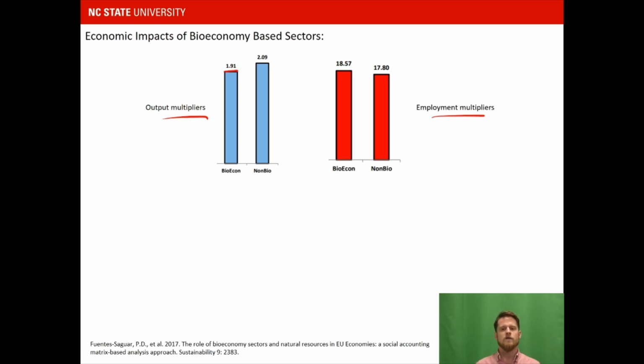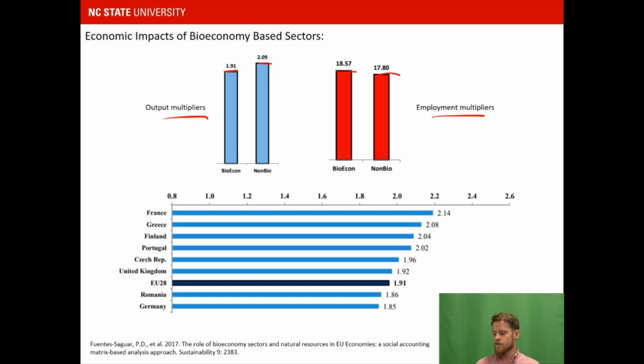And when we compare that to other non-bioeconomy businesses, it's about 2.9. So it's a little bit smaller in that respect. So what it's saying is that the output that's generated through spending in the bioeconomy is not necessarily as high as other non-bioeconomy sectors. But when we look at the employment that it creates, it's a little bit higher.